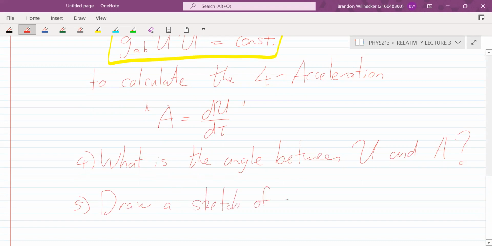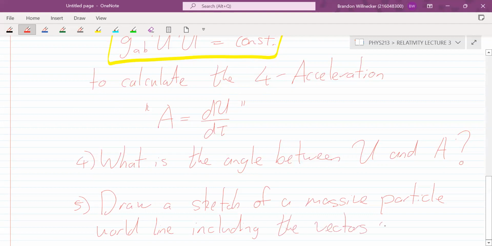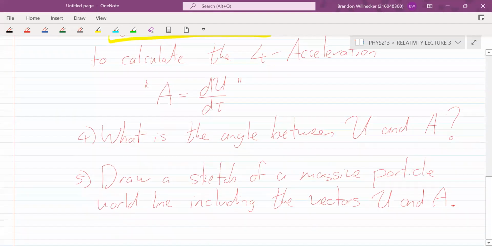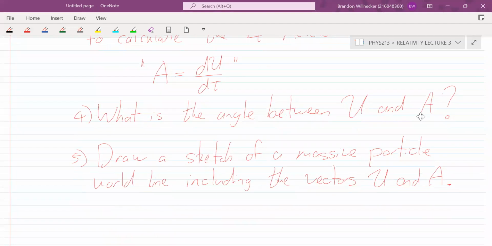Draw a sketch of a massive particle world line including the vectors U and A. Okay, now, of course, you can't draw this in many dimensions.